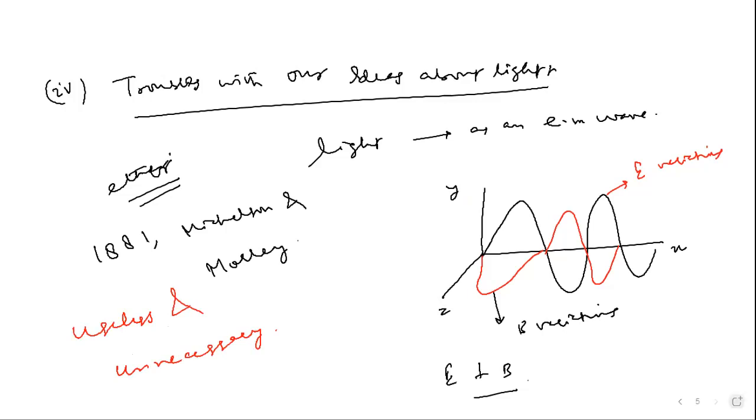There is a thing called Einstein's paradox. What is that? Now, you know, Einstein proposed his special theory of relativity in 1905.